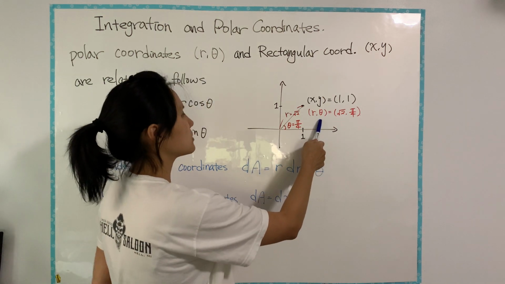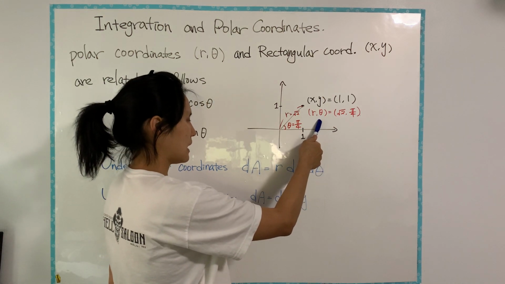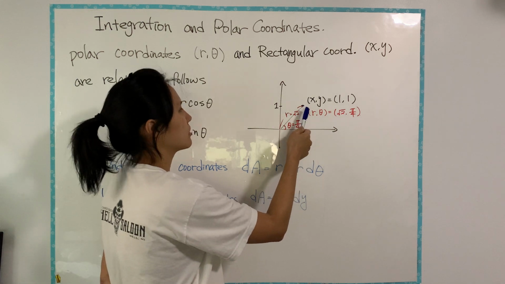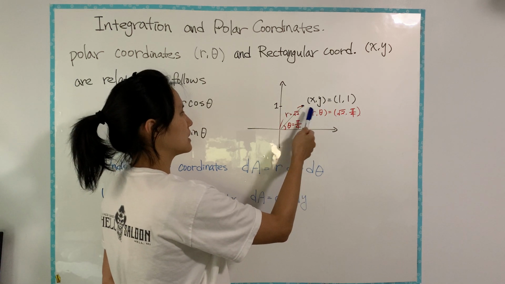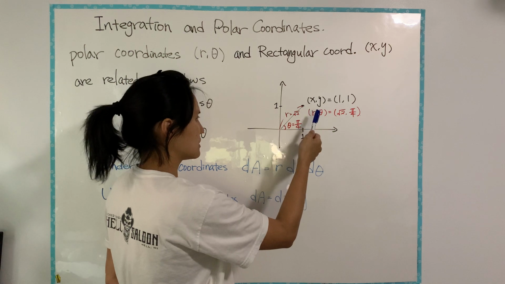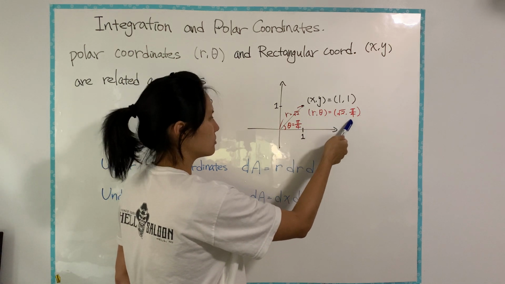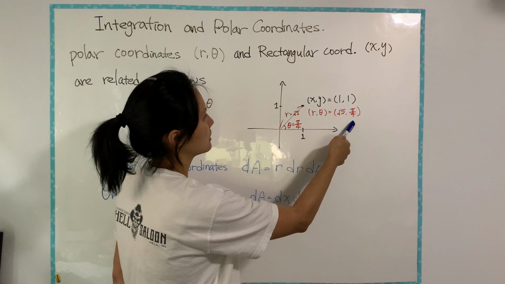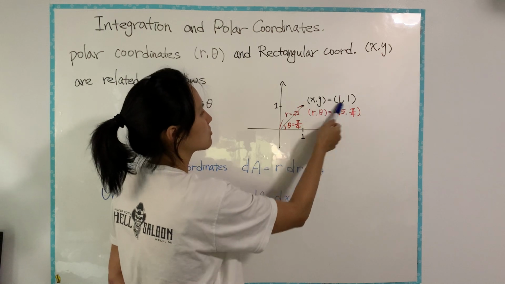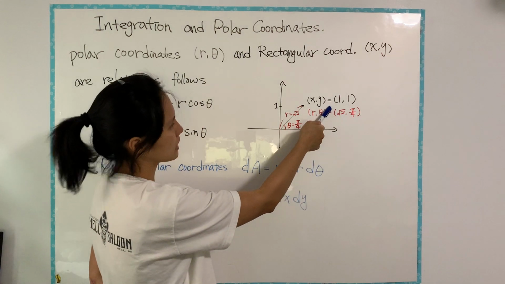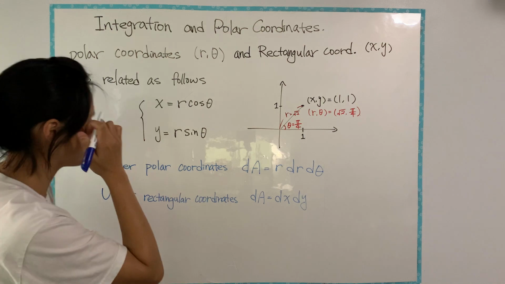So under the polar coordinates, the polar coordinates for this point is r, theta equal to root 2 and pi over 4, versus this is how you write it using the rectangular coordinates or Cartesian coordinates.